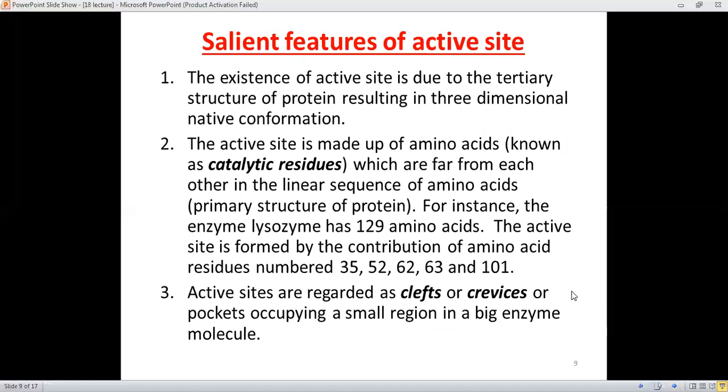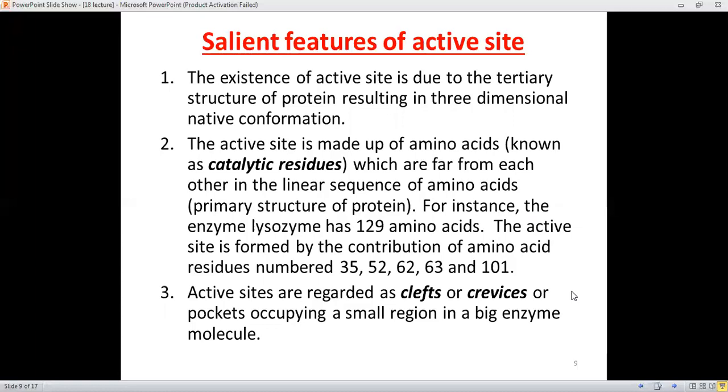Next are the salient features of the active site. Number first, the existence of the active site is due to the tertiary structure of the protein, which results in the three-dimensional native conformation of the enzyme.